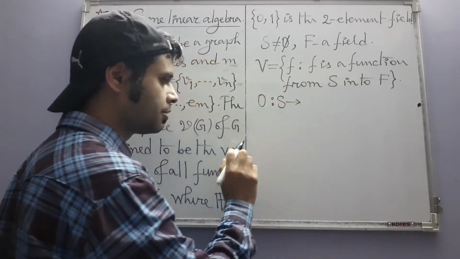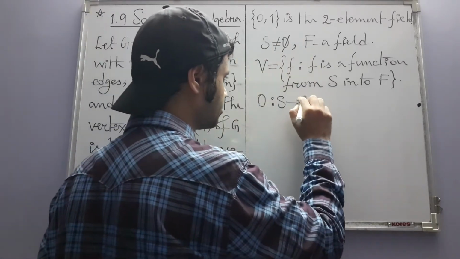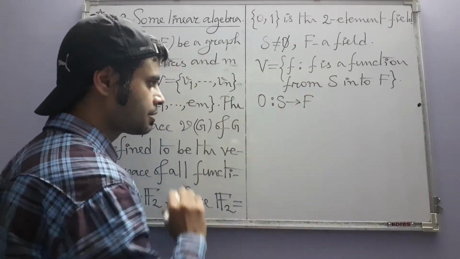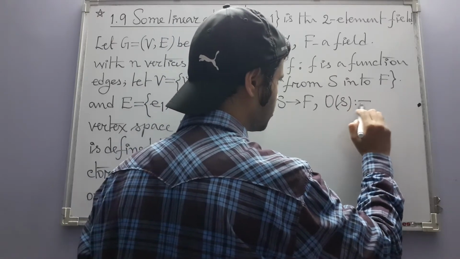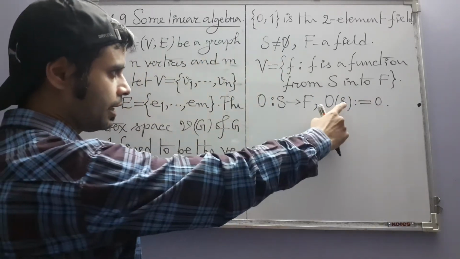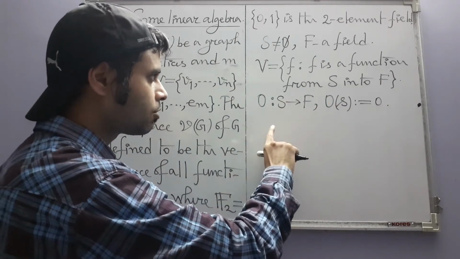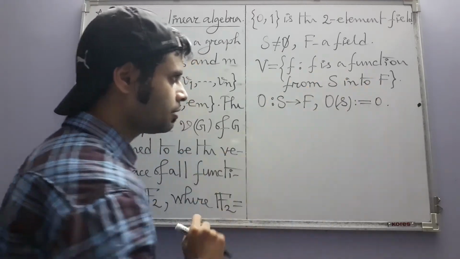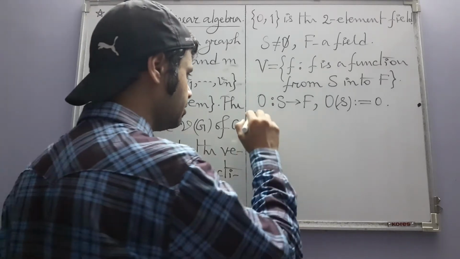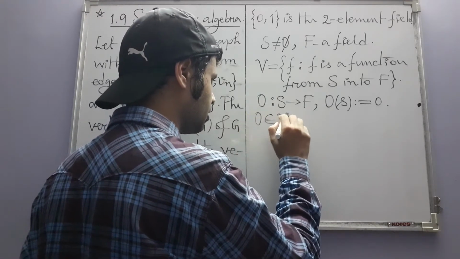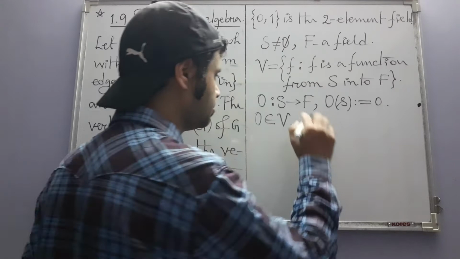We are using the symbol 0 just to denote the fact that it is linked to the 0 element in F. Consider the function 0 from S into F, whose definition is just this: 0 of s is 0 for every s in S. So this function is constantly 0, and this 0 is the field's 0 element from F. And this 0 function belongs to V. Okay, so that means our V is a non-empty set.